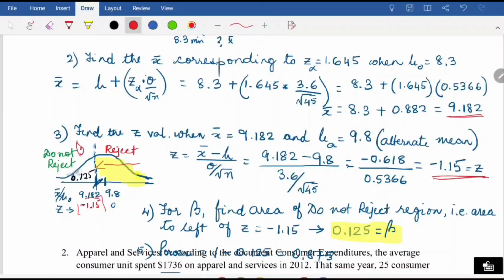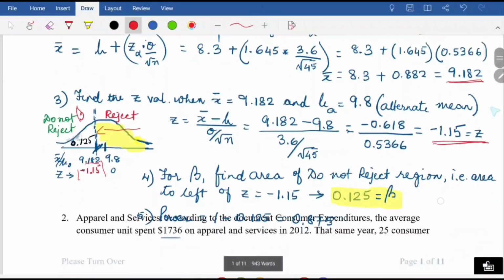That's what beta is. So if it's the area to the left you have to find, it's very easy to find from the table. Just go to the table with a z value of negative 1.15 and you'll get the value of beta, which is 0.125. That's beta.